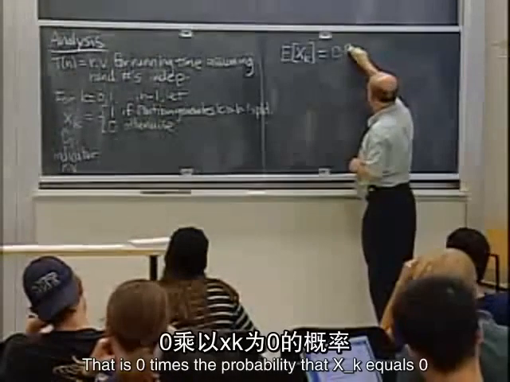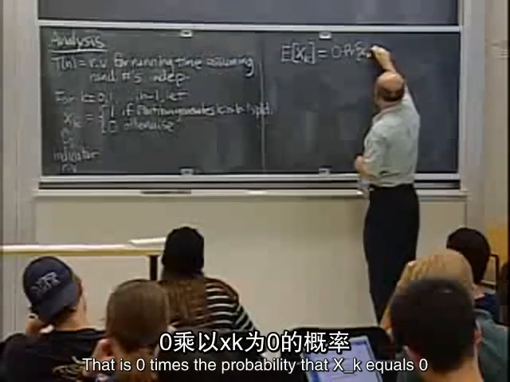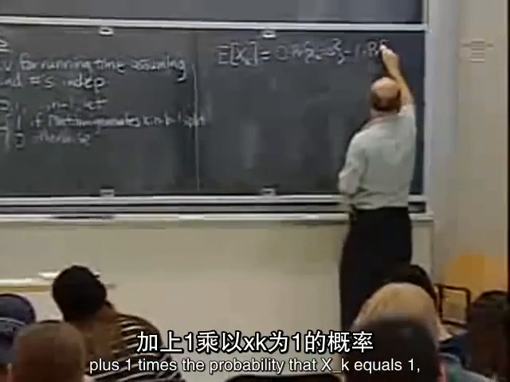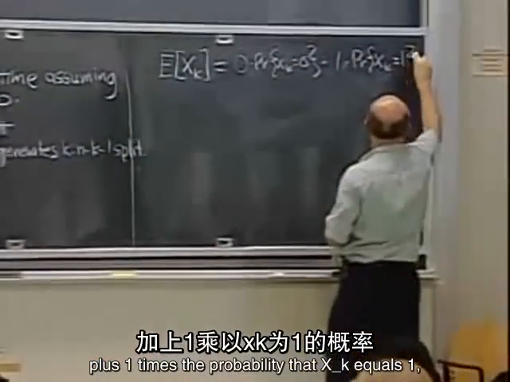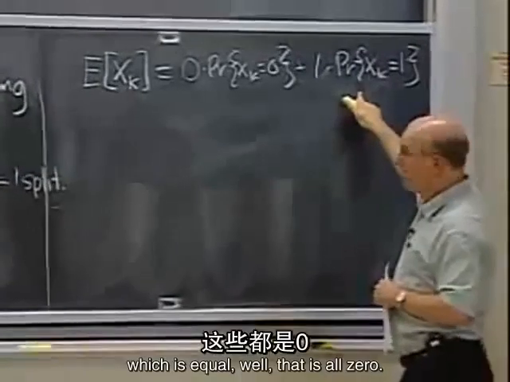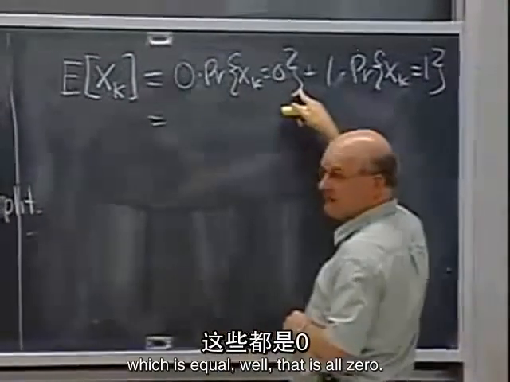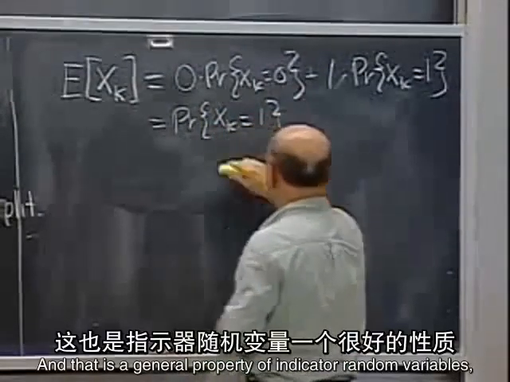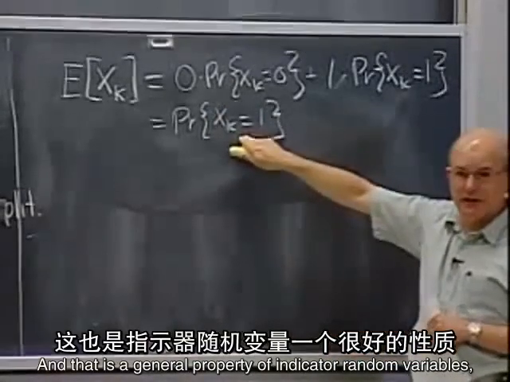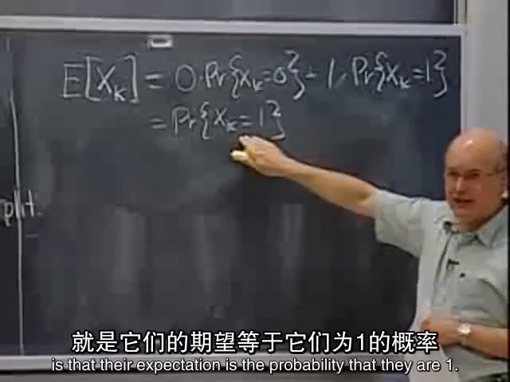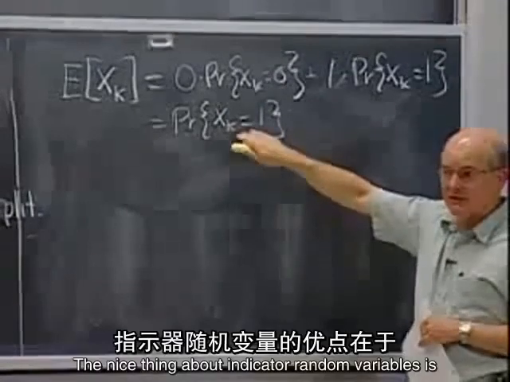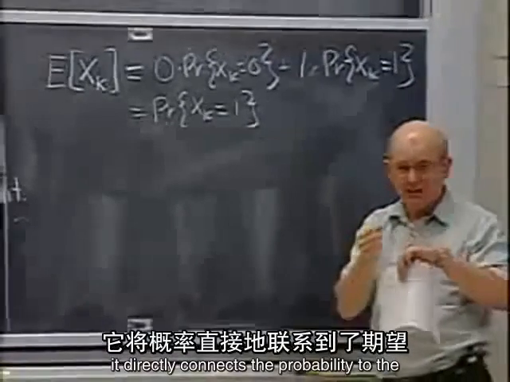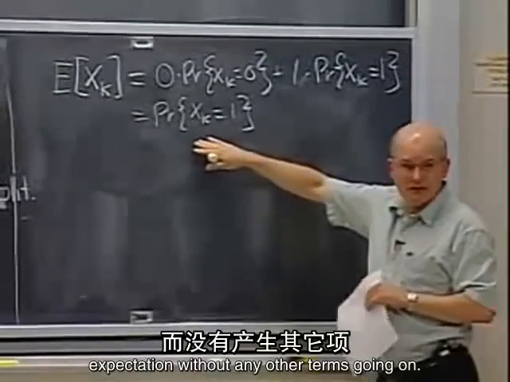That's 0 times the probability that x sub k equals 0 plus 1 times the probability that x sub k equals 1, which is just equal to the probability that x sub k equals 1. And that's a general property of indicator random variables: their expectation is the probability that they're 1. The nice thing about indicator random variables is that it directly connects the probability to the expectation without any other terms going on.